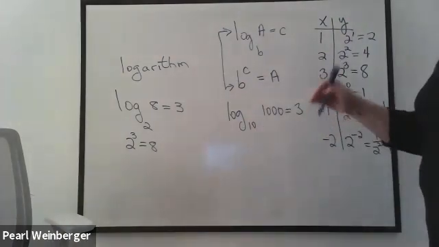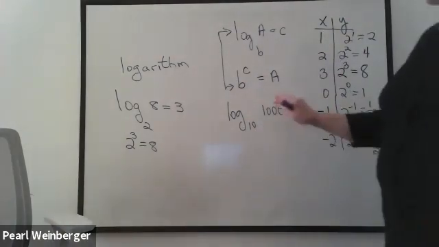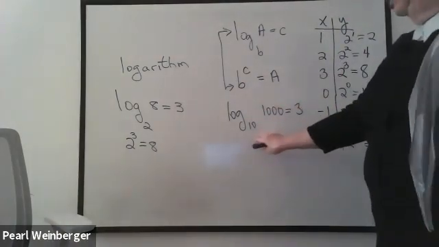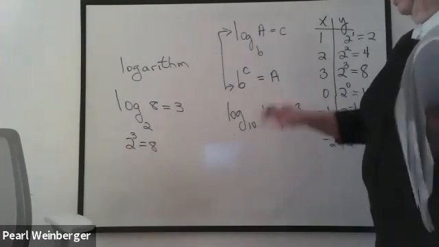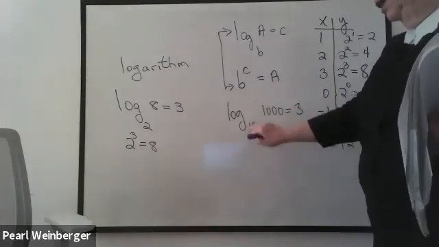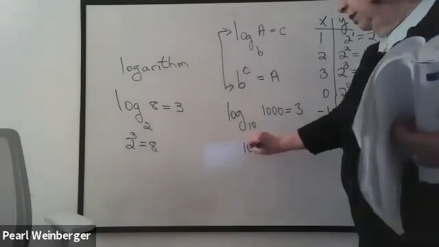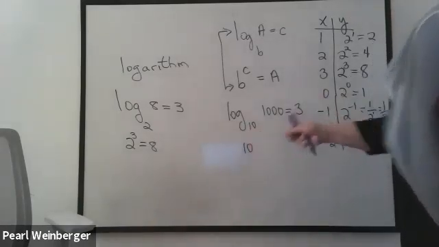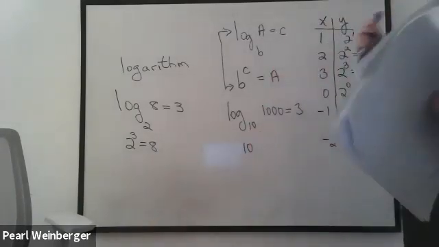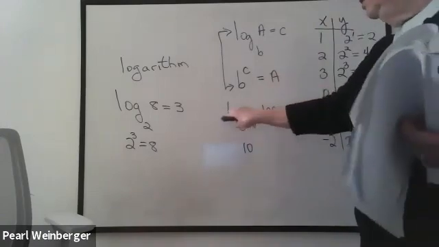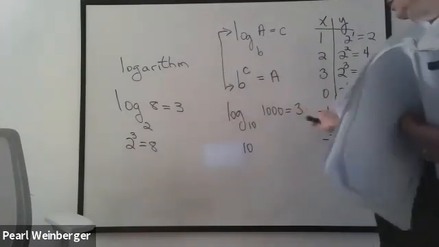I will do this one, then I'll give you a few to try. Remember, to change this to exponential form, I take my base, which is always the subscript, so that's the 10, and put it to the exponent. Now the log equals the exponent. Log is the exponent. Exponent equals 3.